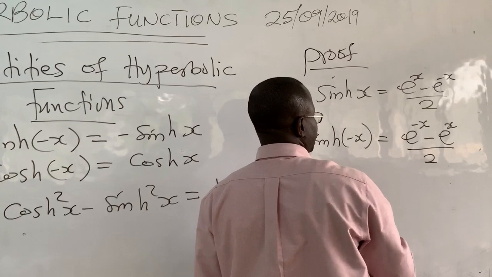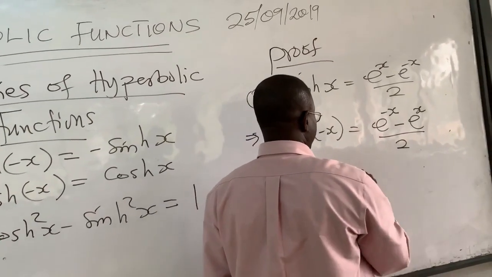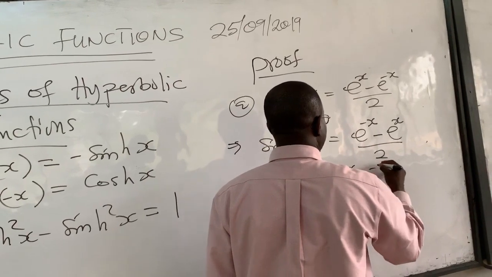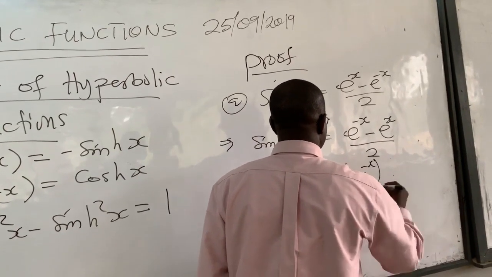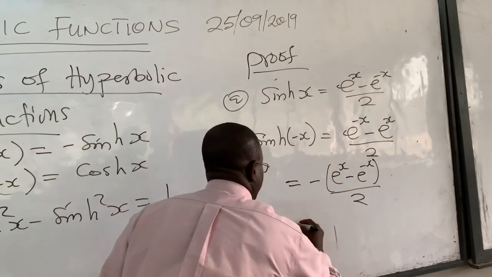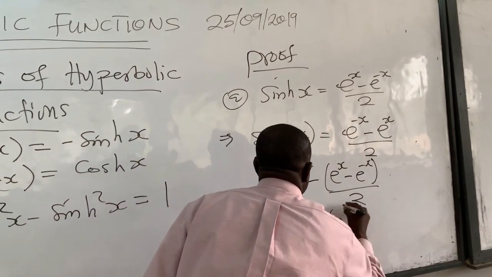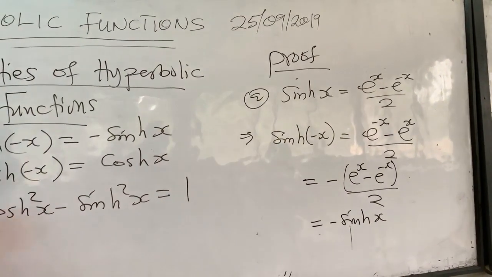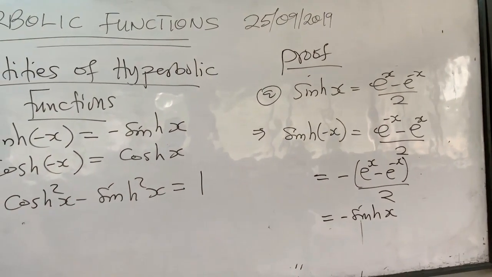I can rewrite this, pulling out the negative, as negative e to the x minus e to the negative x divided by 2. But this guy here is sinh x, so this is negative sinh of x. And that is the proof for A, the first one.